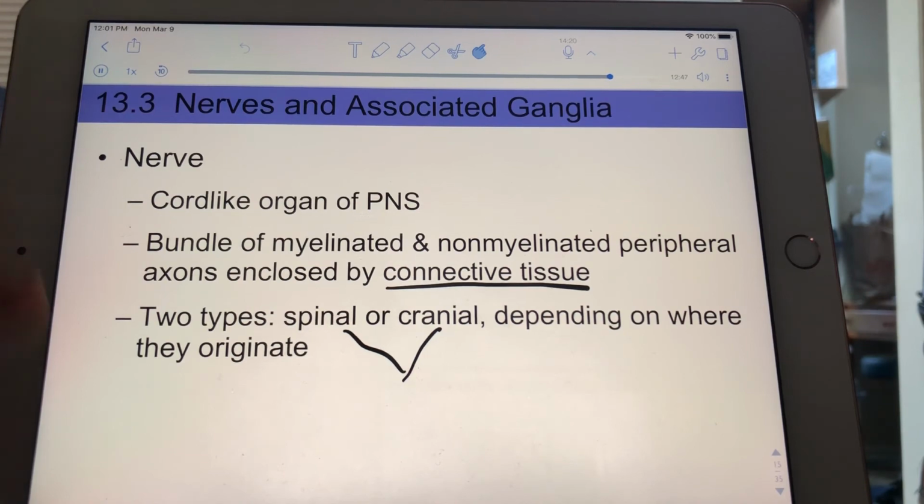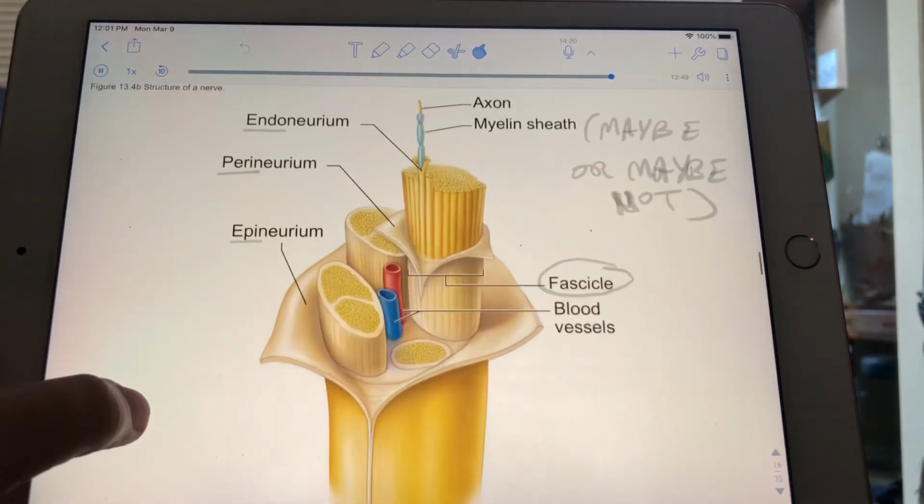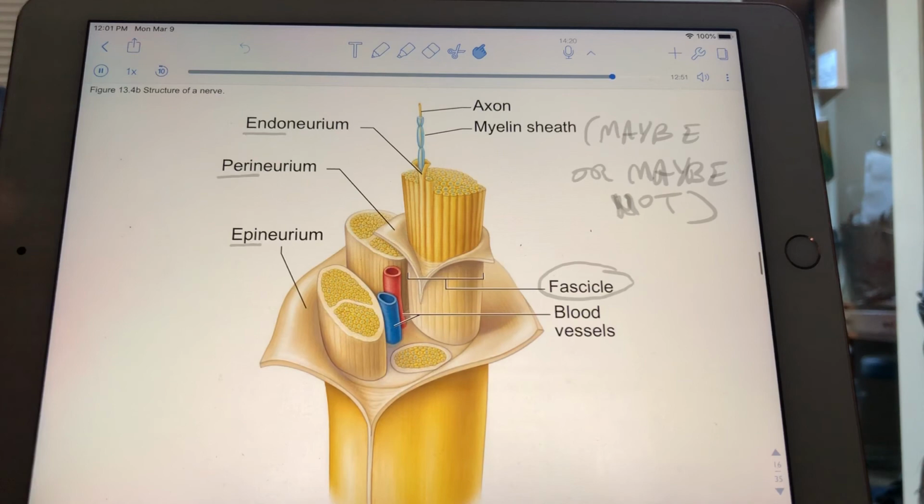Moving on to slide 16, here's the layout for the structure of a nerve. Once again, notice connective tissue sheaths. The outermost one is called the epineurium, okay? And each epineurium houses a single nerve.